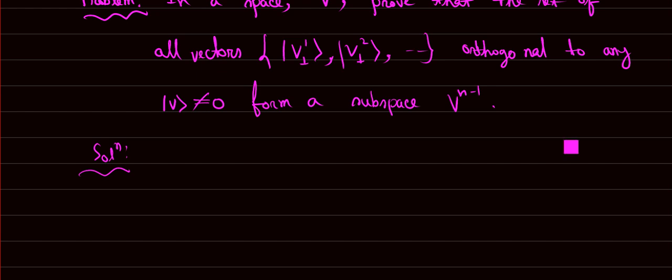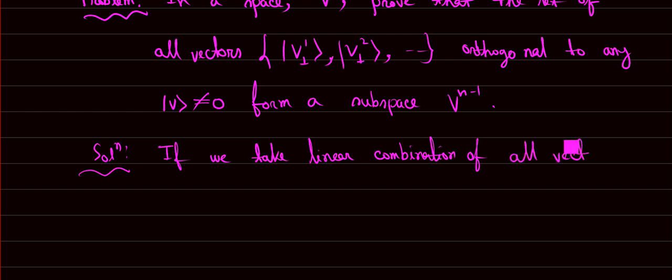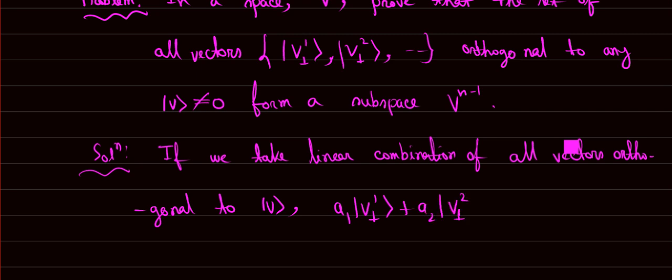So if we take a linear combination of all vectors orthogonal to V, we get something like this: A1 plus A2 and so on, finally An.